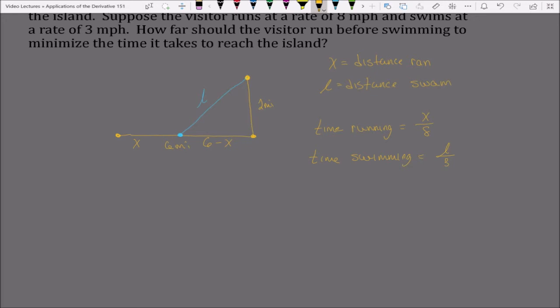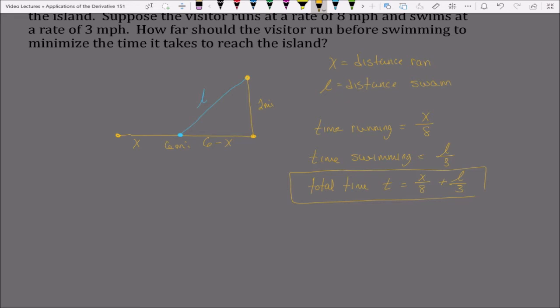Total time, which we shall call T, is the time that you spent running plus the time that was spent swimming. This here is the value that we're trying to minimize.